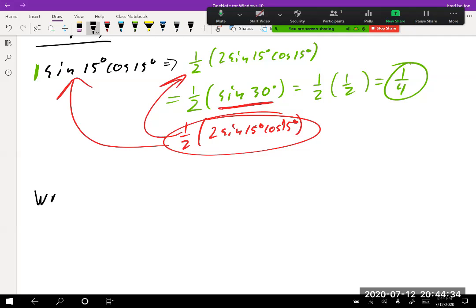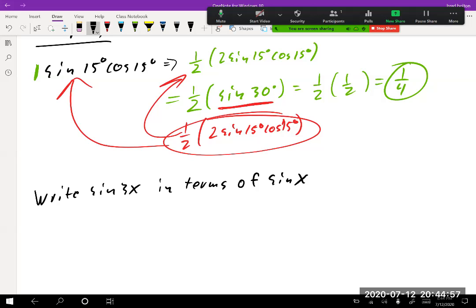What if I was asked to write sine 3x in terms of sine x? And I'm assuming we should only try to do it with first powers. Or I mean only with sine.